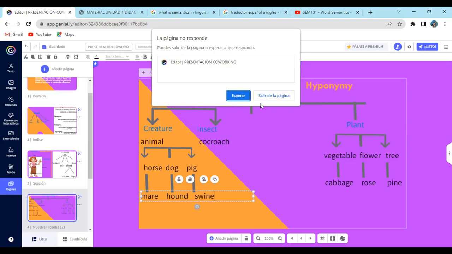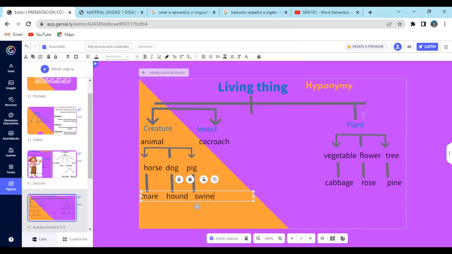So this is hyponymy, because hyponymy describes the word, the sentence, and the phrases. And you create different kinds of maps in this case. I don't know if you have any question or can I continue?